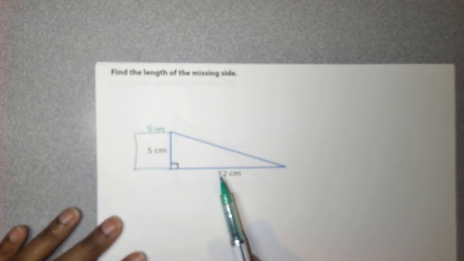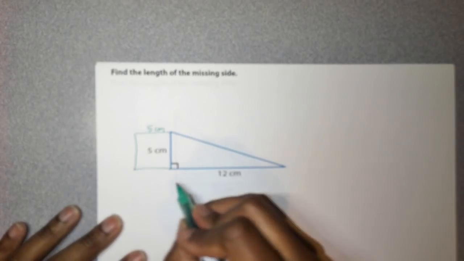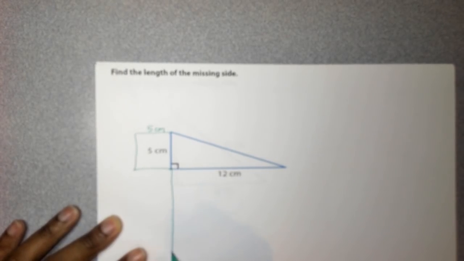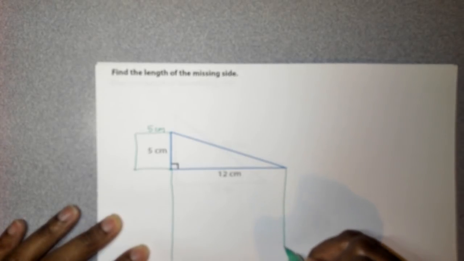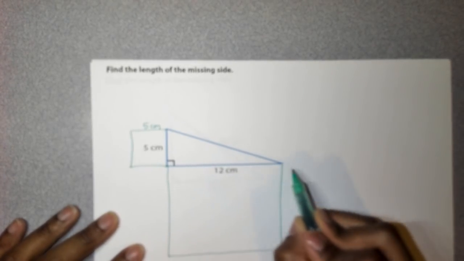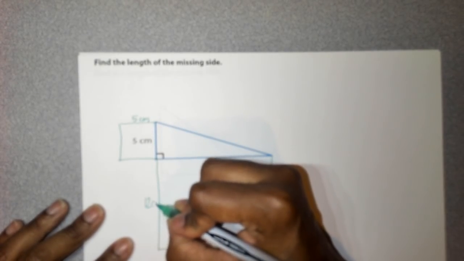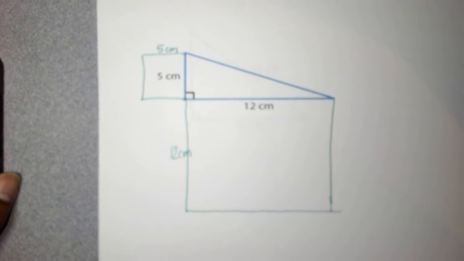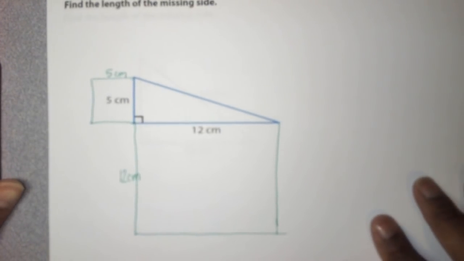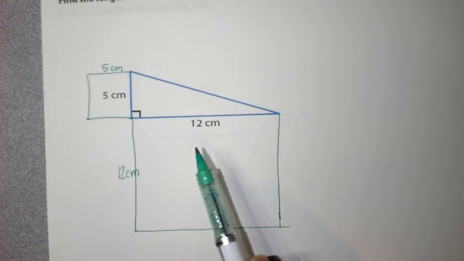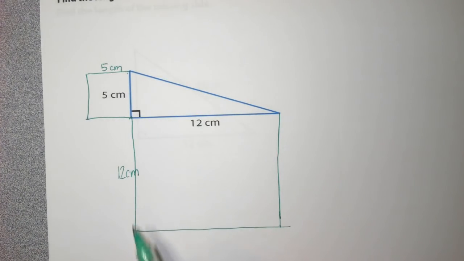Then I need to make my other square. So when I make the second square, if it's 12 centimeters going across, then I need to make it 12 centimeters going down, which means I'm making a 12 by 12 square.